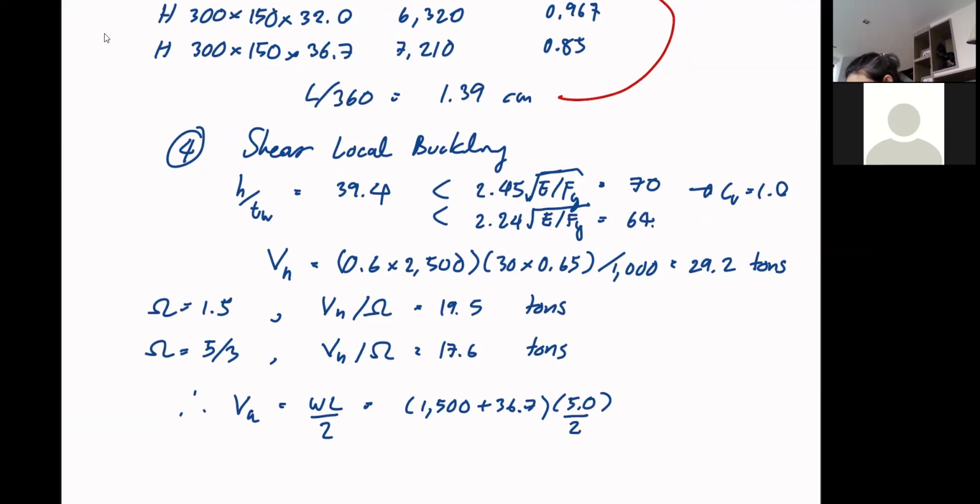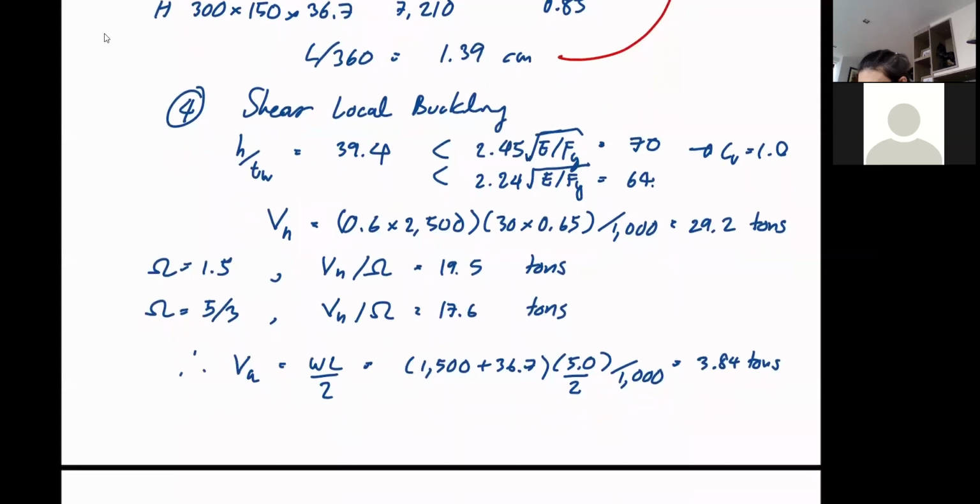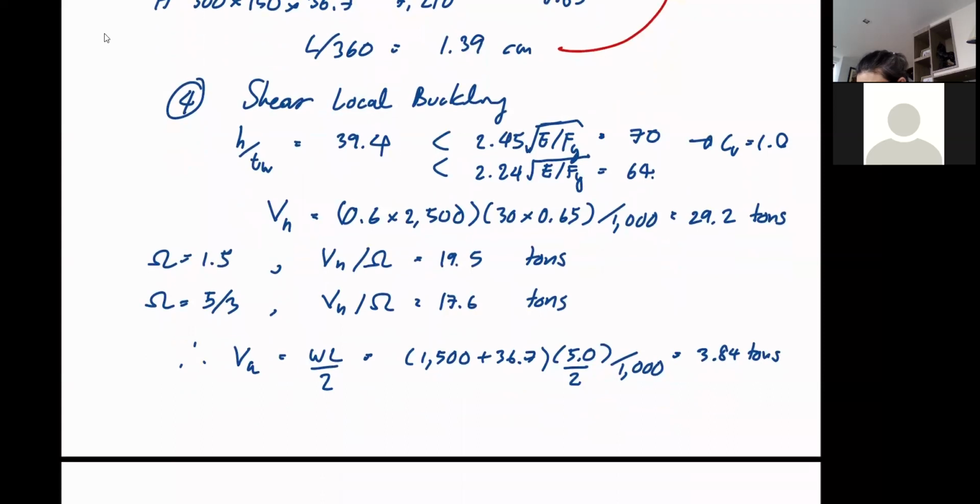That's in kilograms, so let's divide it by 1,000. That's only 3.84 tons. So you can see either one that you want to use. You can say now that your V nominal over factor of safety is greater than VA. So it's a big okay.